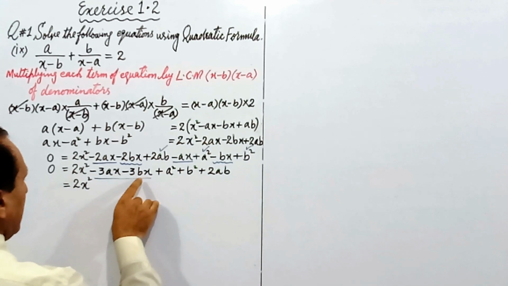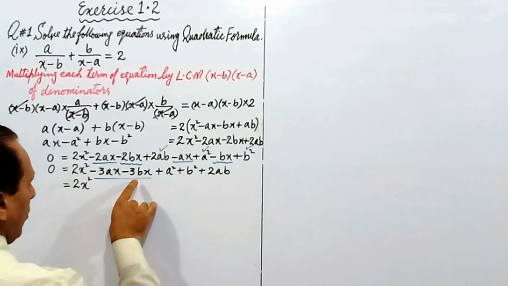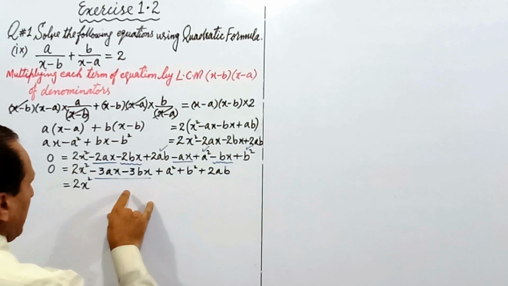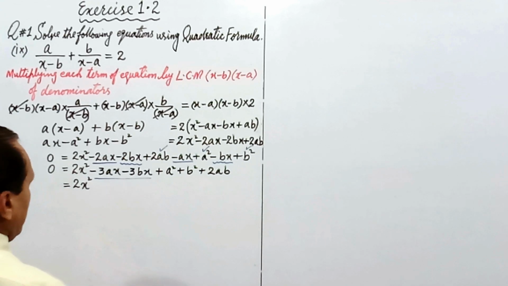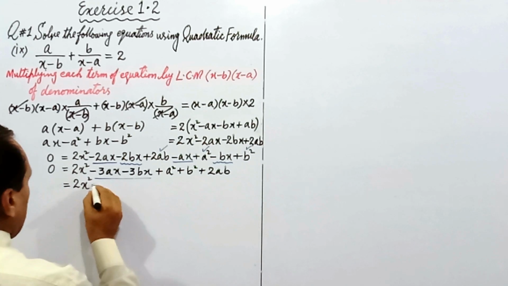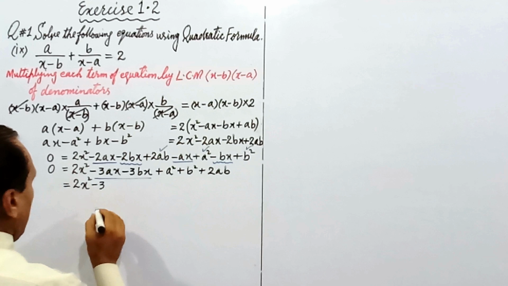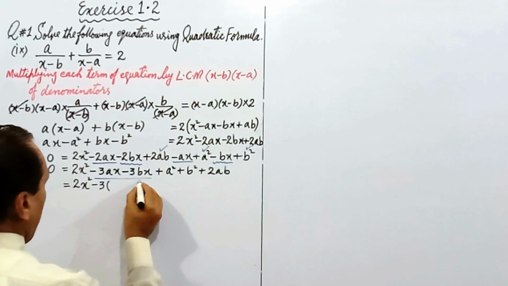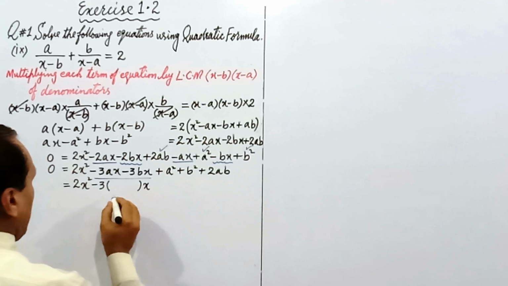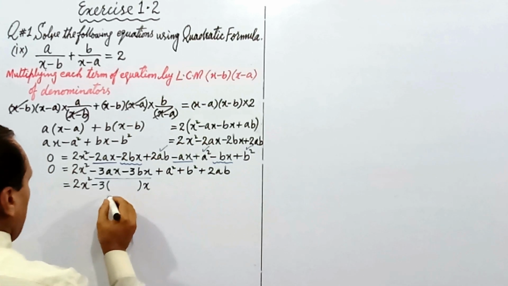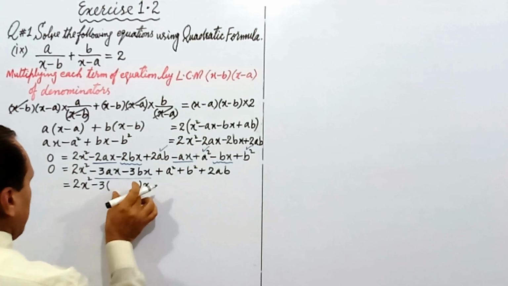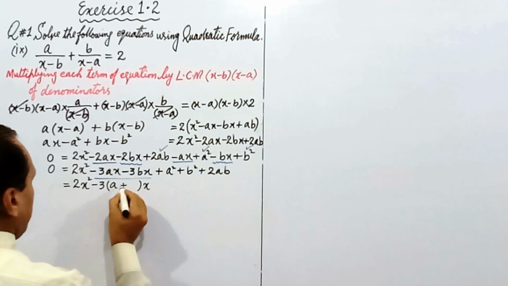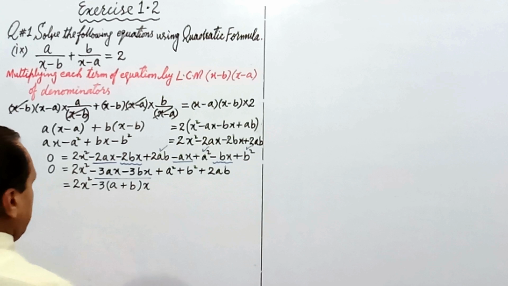So we apply left and right distributive law, or we take common according to the left and right property of taking common. We take minus 3 as common according to the left property and x is taken common according to the right property, and the values which are written within this bracket are a, minus will become plus, and b.